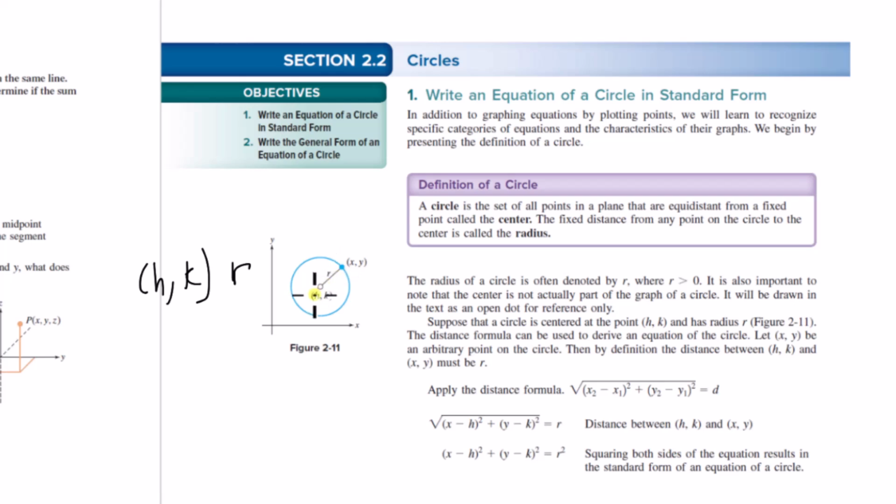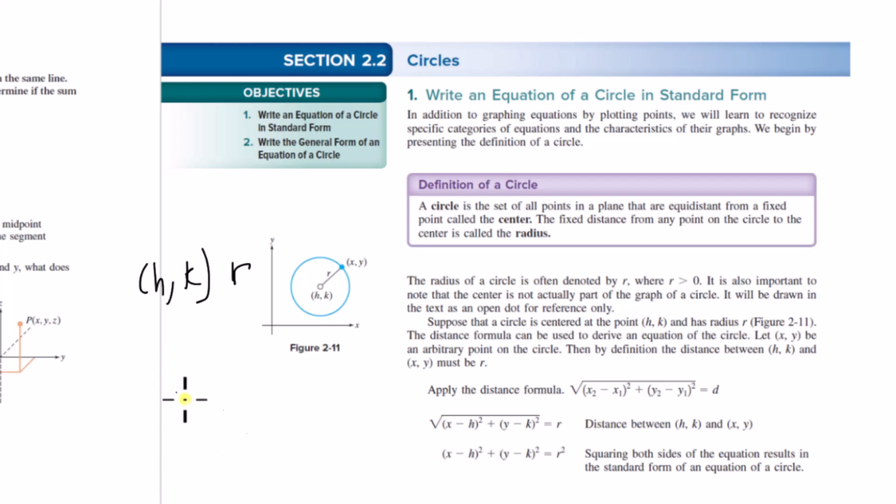How do we calculate the distance between H, K and any point in the entire Cartesian plane? Well, H, K is like x1, y1, and then x, y.